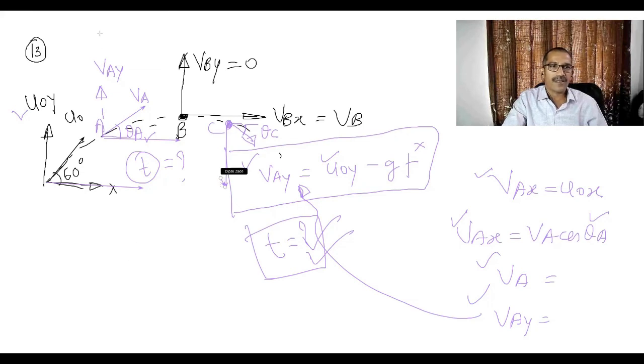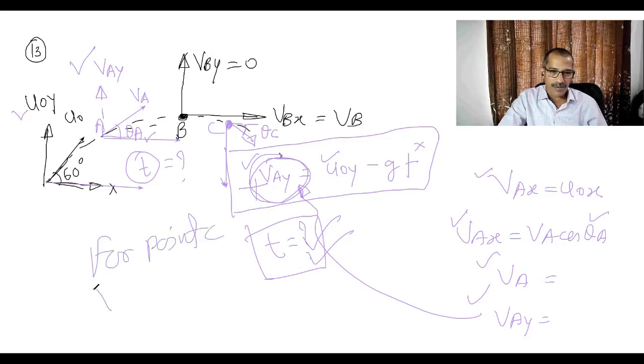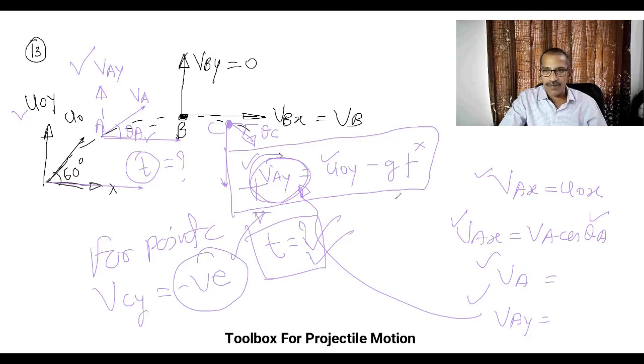In the equation for this vertical component, Vy was substituted positive because it is in the upward direction. For point C, Vcy at this point will be negative. Substitute this negative in the equation, and again time t is easily possible.